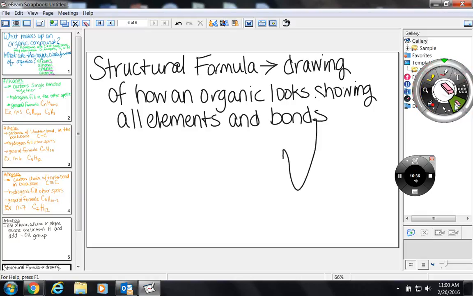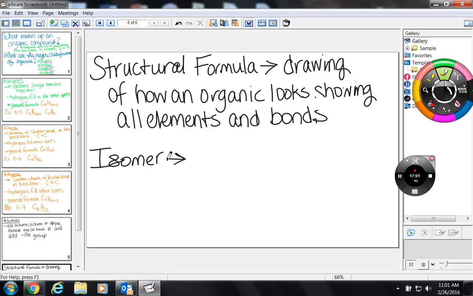So, with organics, it's very important to draw structural formulas. A structural formula is a drawing of how the organic looks. It shows all the elements and the bonds, the connection. Because you can have what's called an isomer.